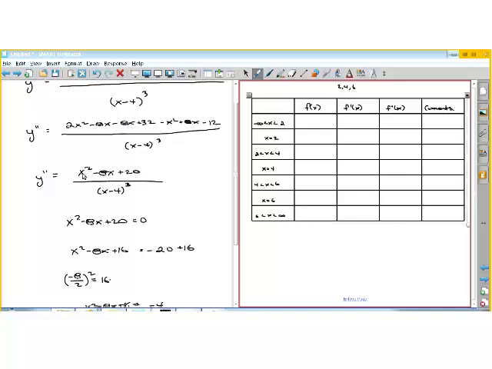If you put, let's say, 10 in there, you get 100 minus 80, which is 20, plus 20, which is 40. That's positive. If you put a negative 2, you get negative 4 times 8 is positive 32, so you end up with positive anyway. So it's always positive. So we can go over here and say this is positive, positive, positive, positive. We actually put positive all the way through here. So it's going to be concave up for all cases.